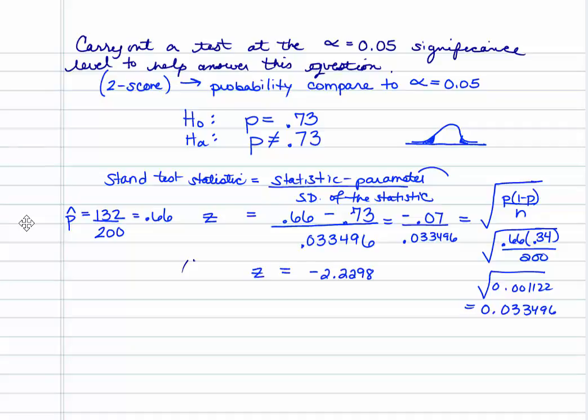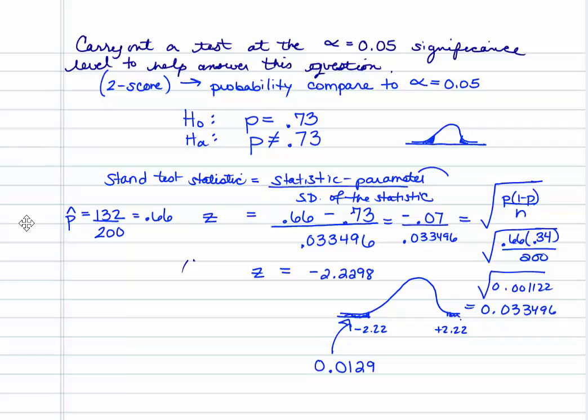So keep in mind, we're trying to figure out where it differs from, which is going to be the lower portion from negative 2.2298 and the upper portion from positive 2.2298. If I find one of these tails on the chart, I believe it's like 0.0129.